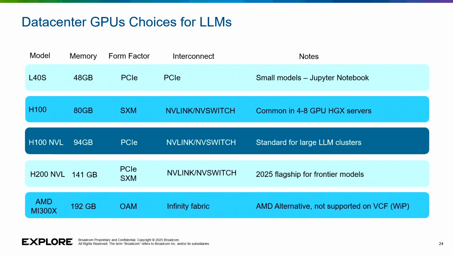Now, if they say, hey, I want to run 405 billion parameters, obviously one L40S doesn't really cut it. So you need to start to think about what type of models am I going to use? How lengthy will my queries be? And then you're going to start to think about what type of GPU is interesting. Now, the further you go down the bottom, the more expensive it gets, right? So that's also a big problem.